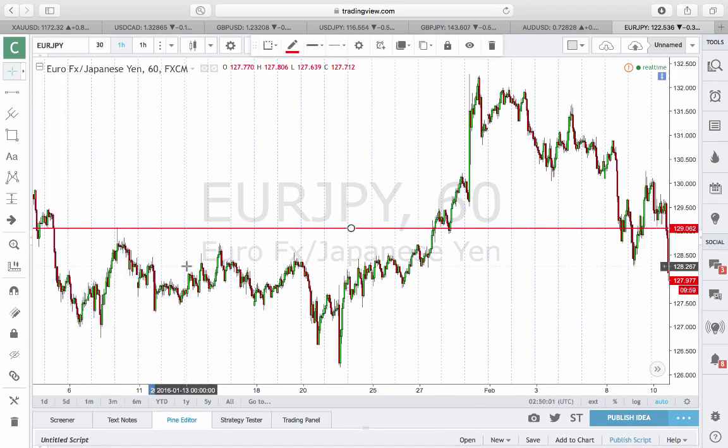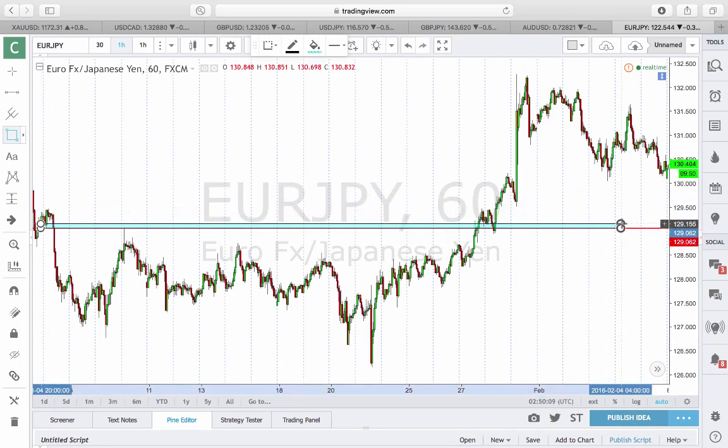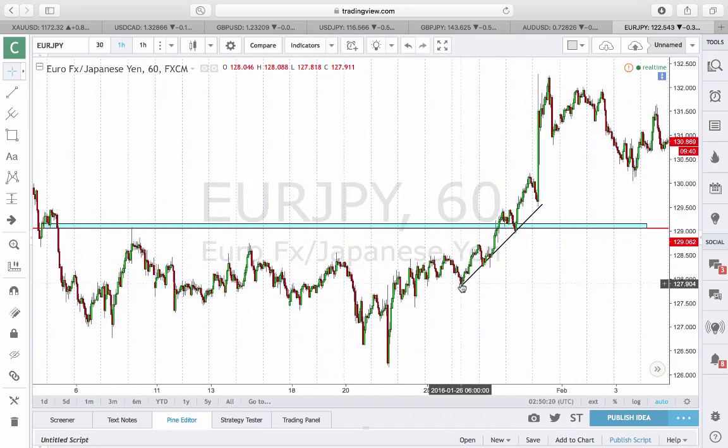Look closely, a level of support and also resistance. Let me draw a zone. Okay, there's a zone there. And then, is there a trend line? Yes, there's a trend line. The fact that it's testing off here once, twice, three times as a slanted level of a floor.